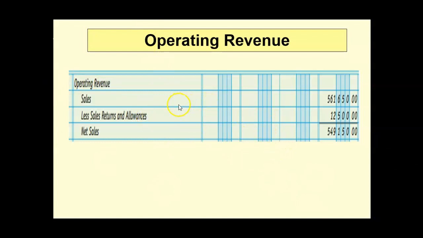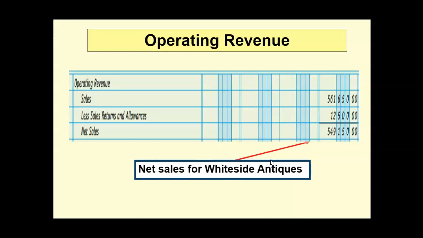When you subtract your sales return allowances from your total sales, that would give us what's known as net sales. So sales less return allowances gives us what's known as net sales. This is the first section shown on the classified income statement for a company that sells actual products.